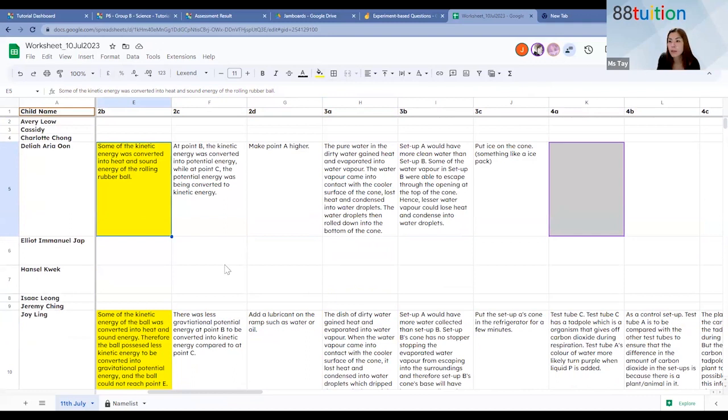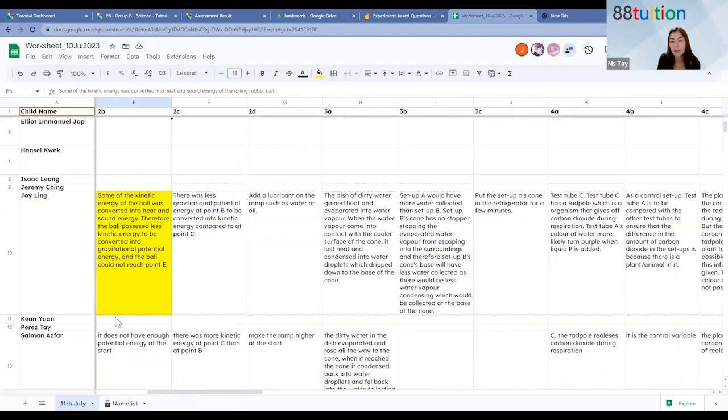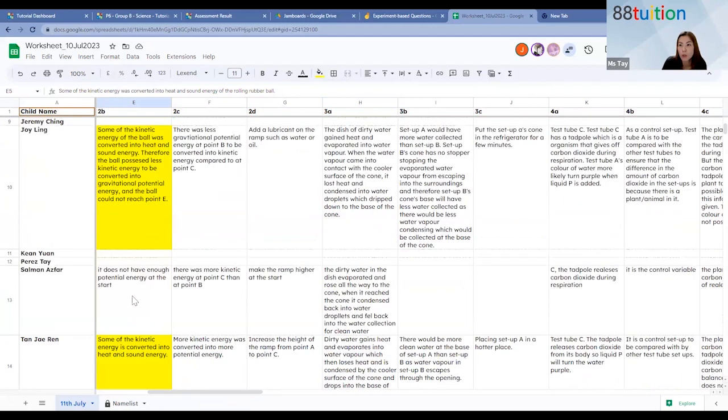Because I saw your answer, you said that it does not have enough potential energy. So because it started off with not enough potential energy, the ball will not have enough energy to reach point E, is it? One thing I want to caution you is you said "it". So "it" refers to what?